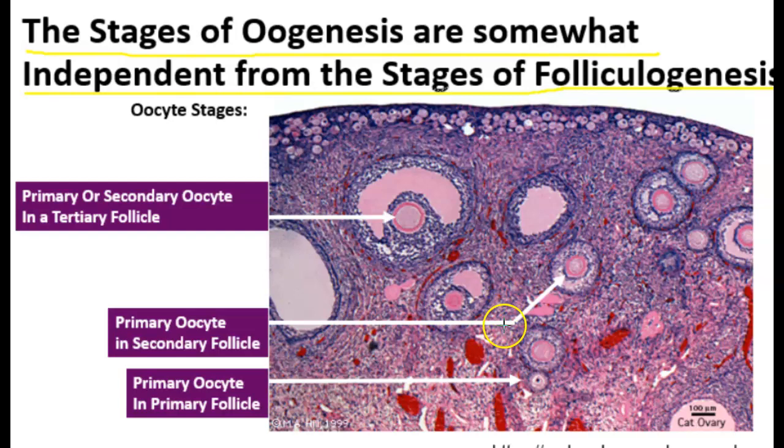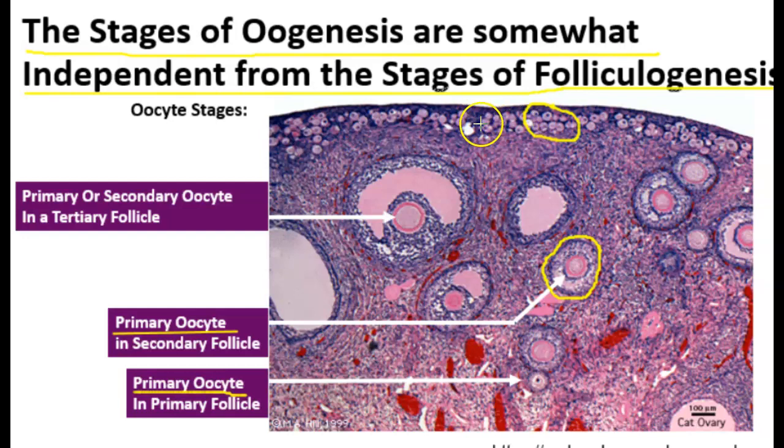I say that because although the primordial follicles most likely have a primary oocyte, we also see a secondary follicle containing what's known as a primary oocyte, or maybe a primary follicle versus a primordial follicle. So the primary oocyte stage exists in three types of follicle stages.